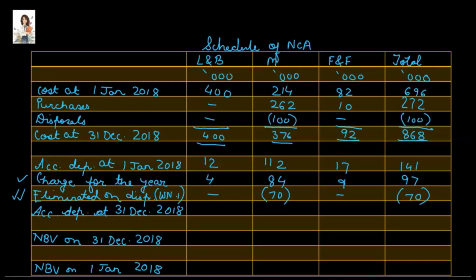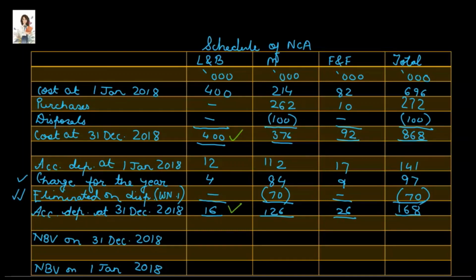We may now compute accumulated depreciation on the last day of the year. So the total accumulated depreciation on the last day of the year on all non-current assets is $168,000. We know the cost on the last day of the year, accumulated depreciation on the last day of the year.